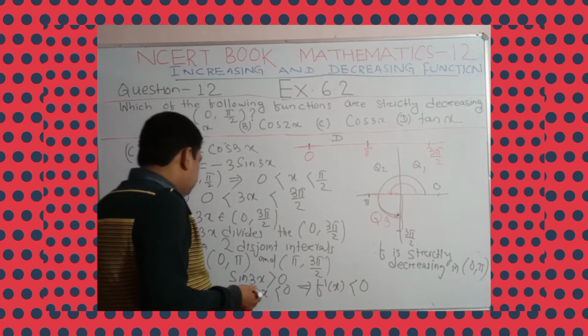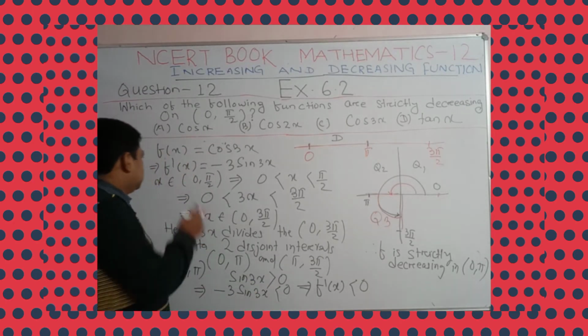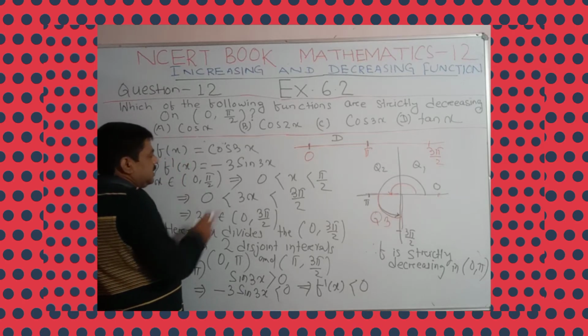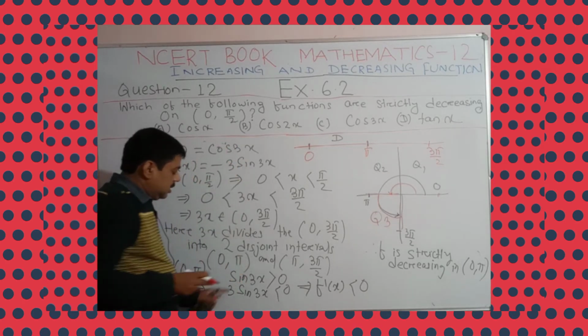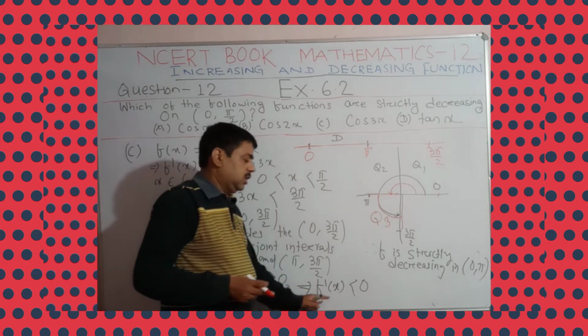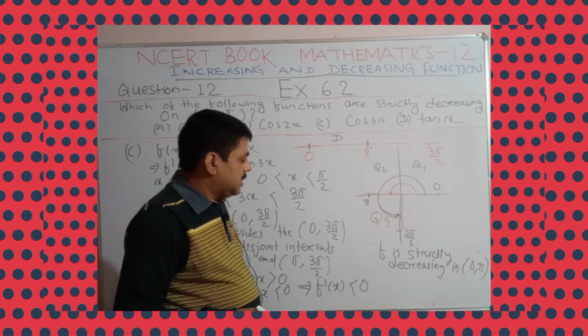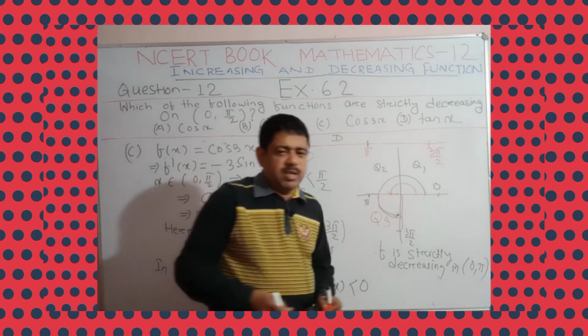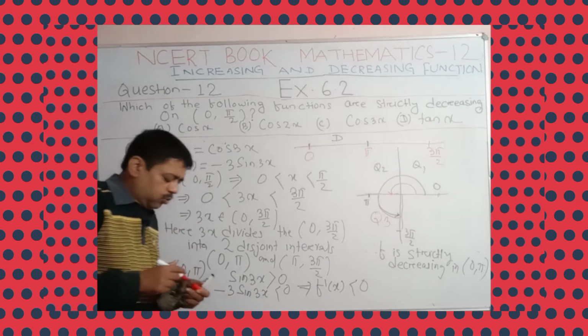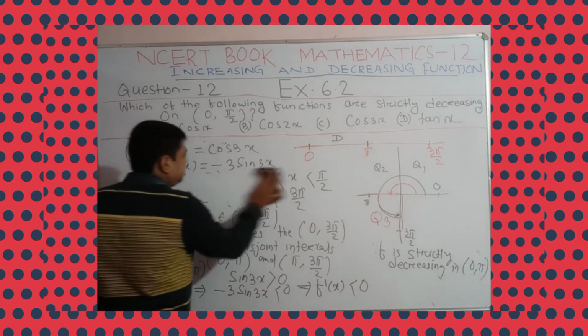The derivative of the function is f dash x, which is minus 3 sin 3x. If sin 3x is greater than 0, then minus 3 sin 3x is less than 0. It means f dash is less than 0, so the slope of the function is less than 0. So the function is strictly decreasing in the interval 0 to pi. Is it clear? Understand?